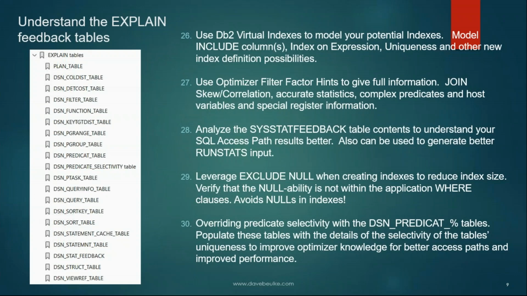All of these explain tables tell you what DB2 is thinking when it's looking at your SQL. And you need to look at all these SYSIBM feedback tables, the SYSCOLDIST table, all of these different tables that give you information about how DB2 is working.